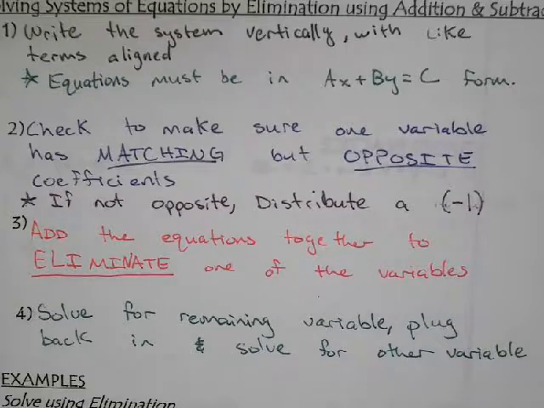Okay, so let's try this and see what it looks like. While the steps at first look confusing, the process is pretty straightforward, and then we can make sense of these steps.